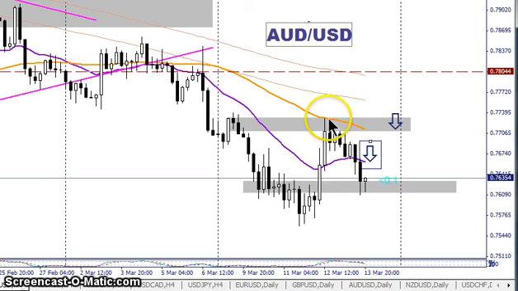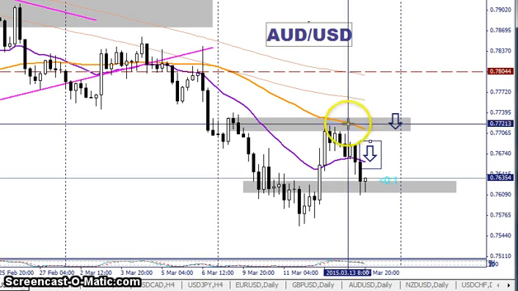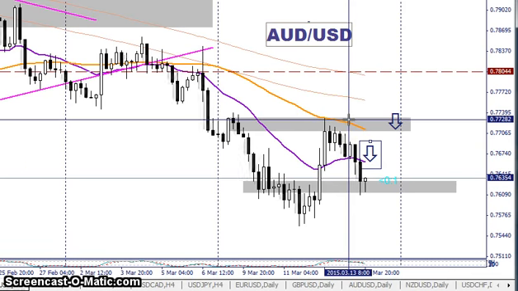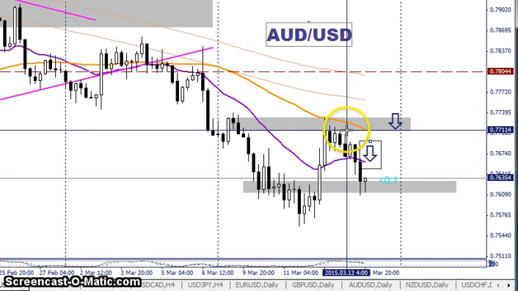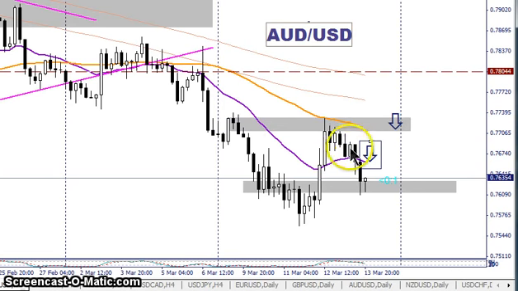And you can see price bounced off the 77.28, 7700 area. Price continued coming back down and finally broke down below the 21 EMA and is now met with this kind of a support zone.